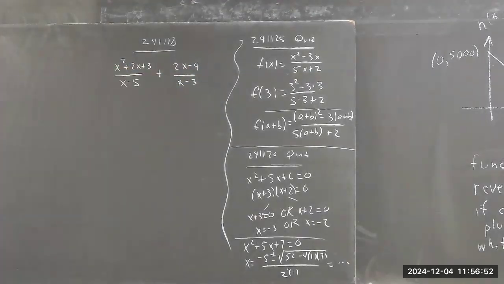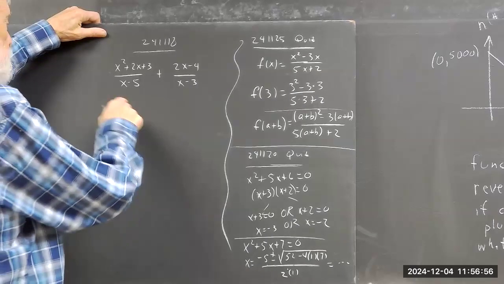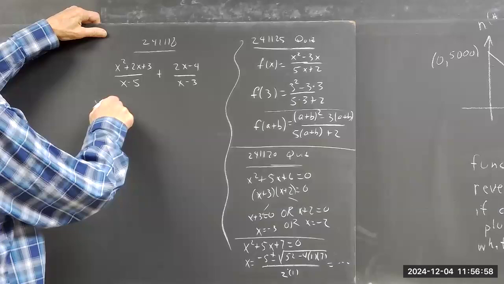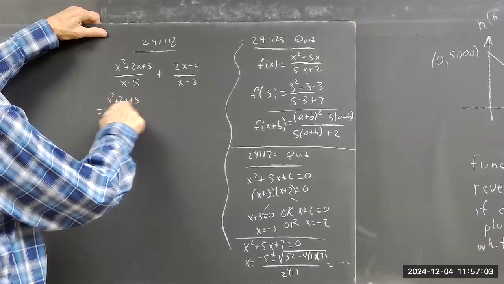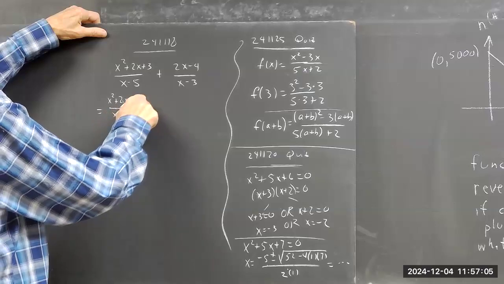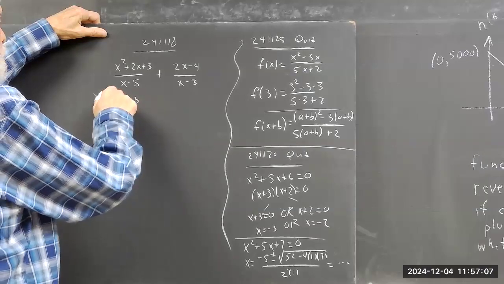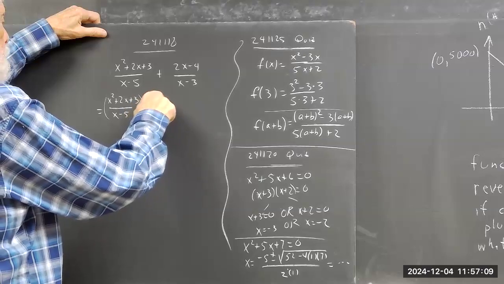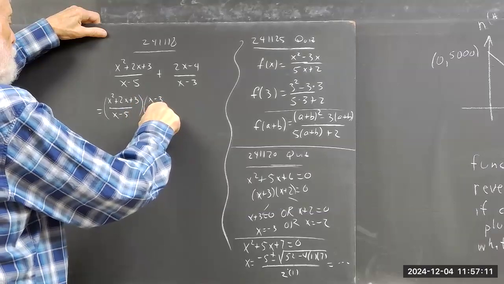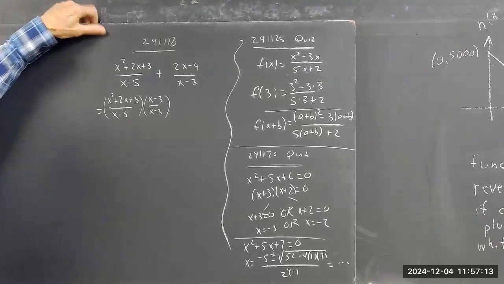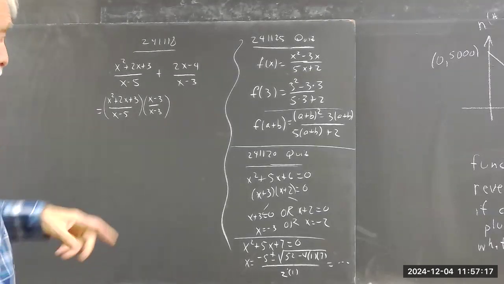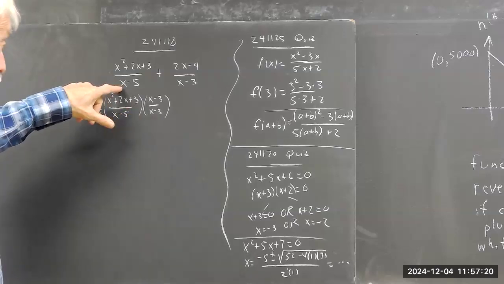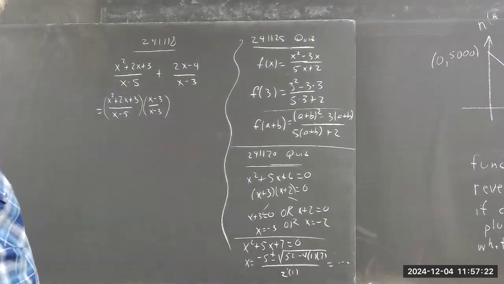If we want to add these rational expressions, we do this. We find the common denominator, which in this case is pretty simple. It's x minus 5 times x minus 3.